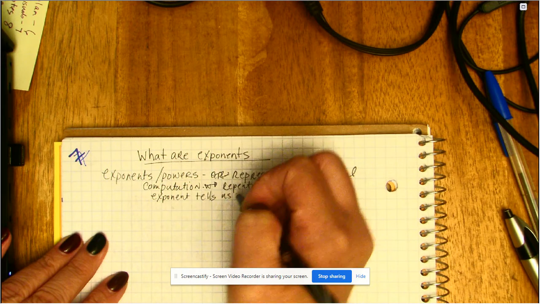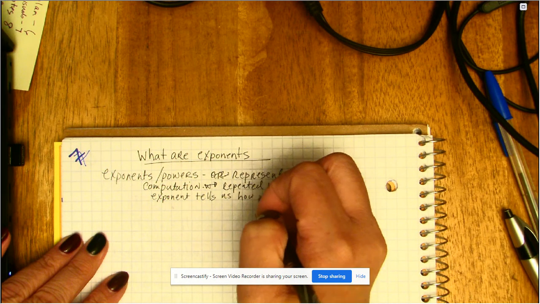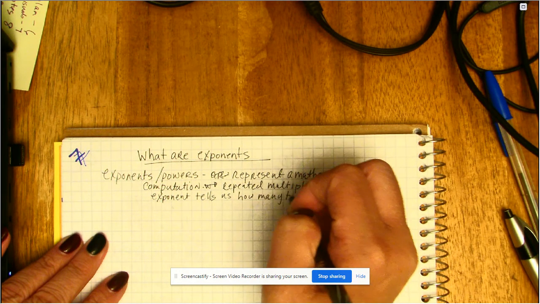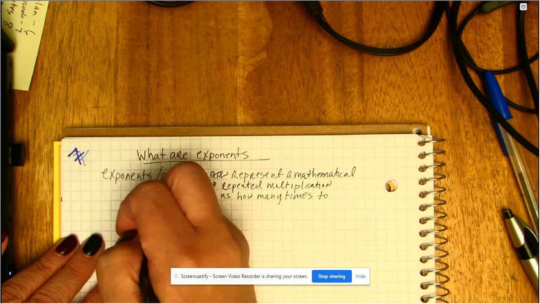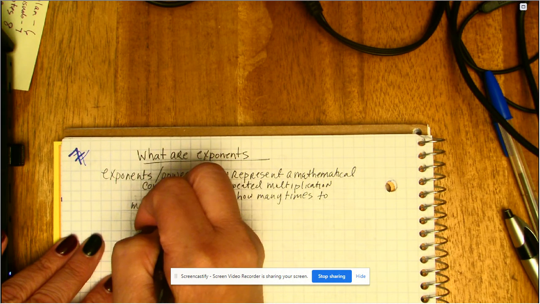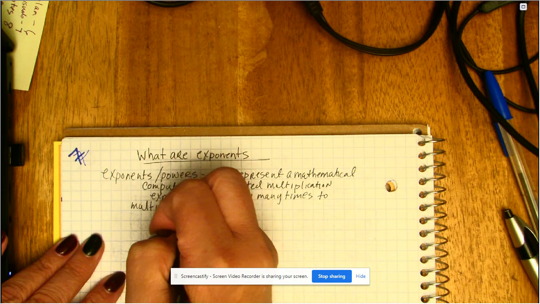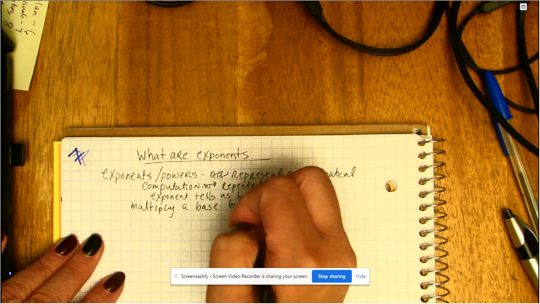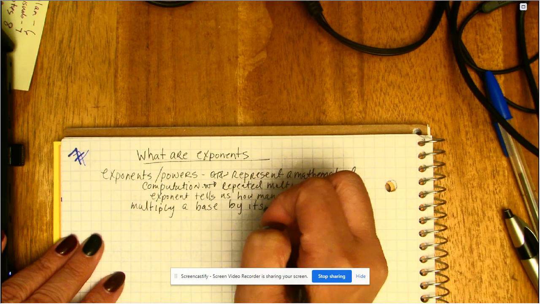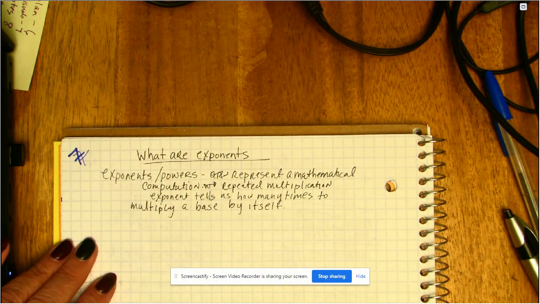tells us how many times to multiply a base by itself. Okay.